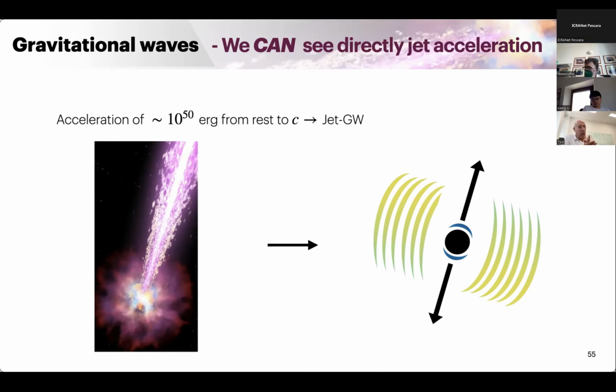The question why short GRBs are harder and why long GRBs are softer is an open question. I've not seen a clear suggestion that explains this. So I agree that there are many open questions about GRBs.